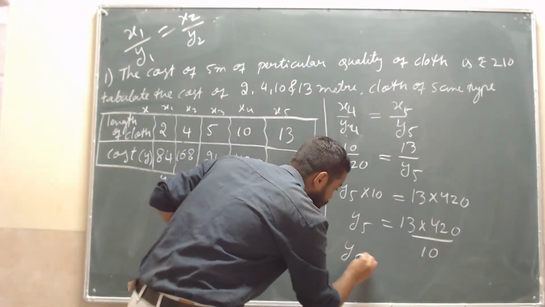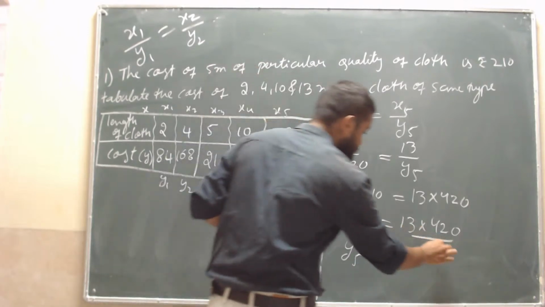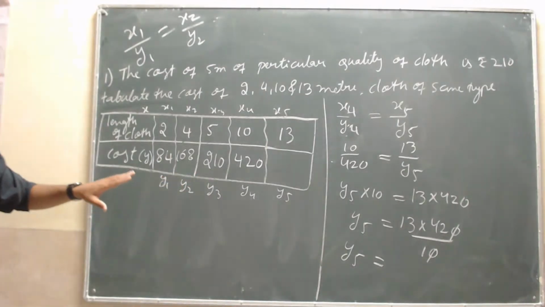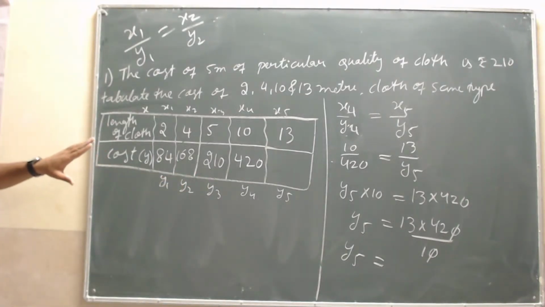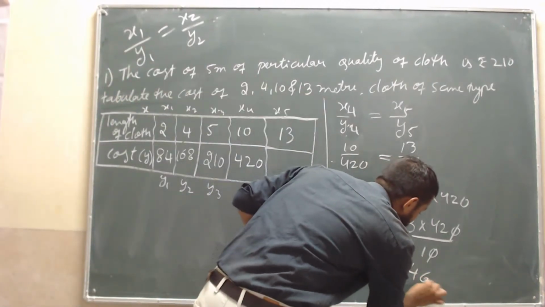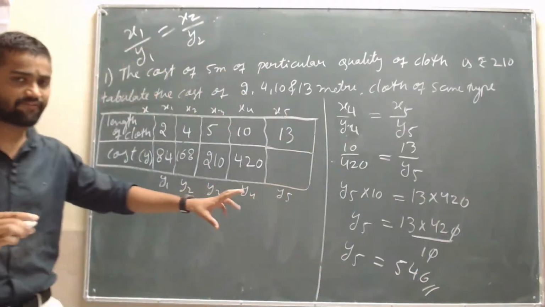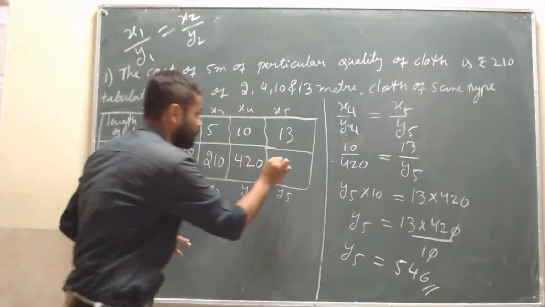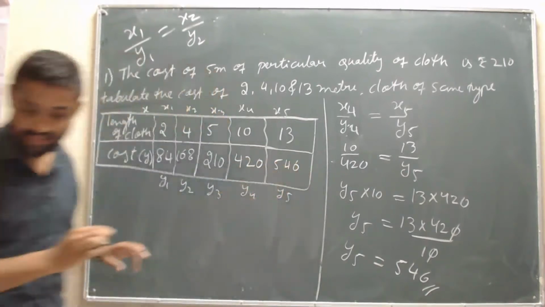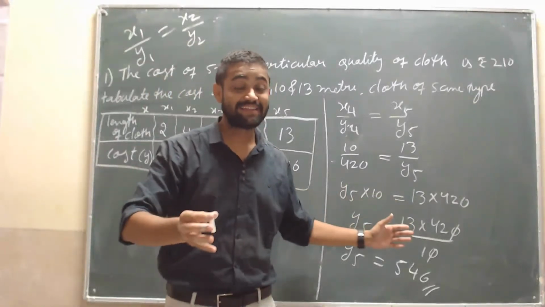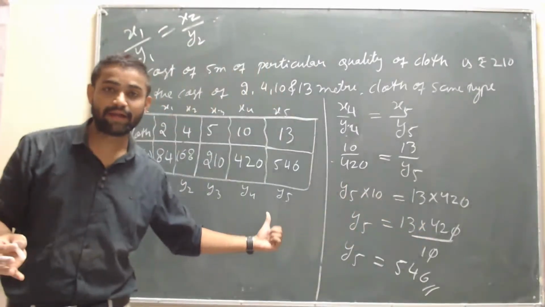Students, concentrate: this 0 will cancel this 0, and we have 13 into 42. After multiplication, 42 into 13, we get 546 rupees. I am weak in multiplication, so 13 into 42 is equal to 546.